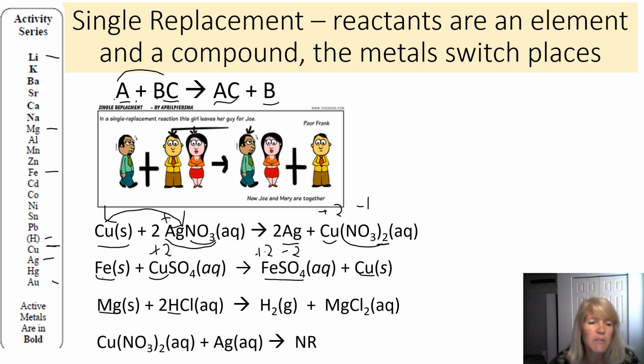Well, magnesium is higher, so it'll want to be in the compound. So you see we put the magnesium with the chloride. And again, magnesium's +2, chloride's -1, and that's where that 2 comes from. So that's one of our products. And then we put hydrogen by itself.